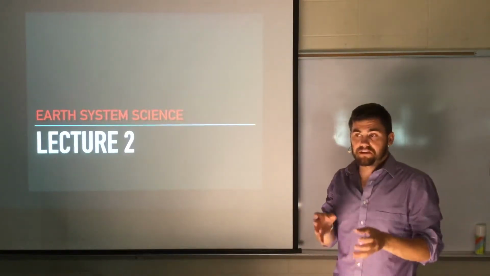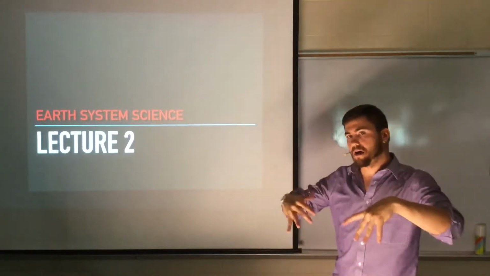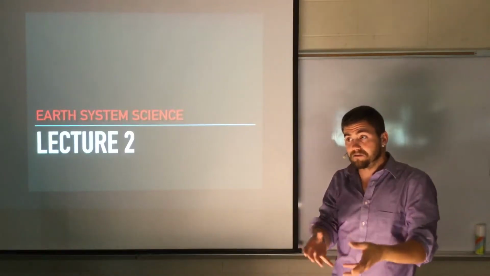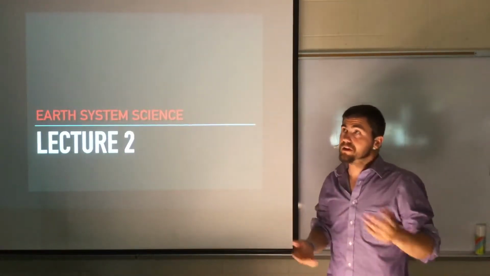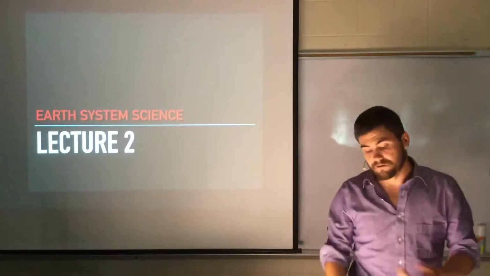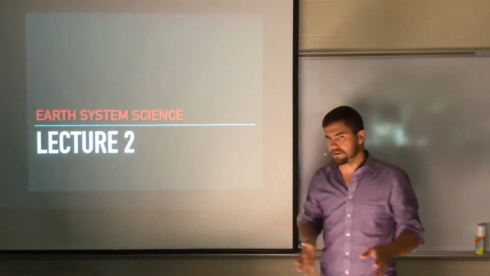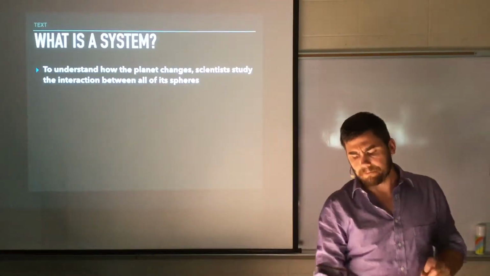Even when we're just strictly looking at geology, we're going to talk about how the hydrosphere, Earth's water, influences geologic processes. And we'll talk about perhaps how the atmosphere can influence them too. And then obviously people influence all parts of the Earth. So that will always be there as well.